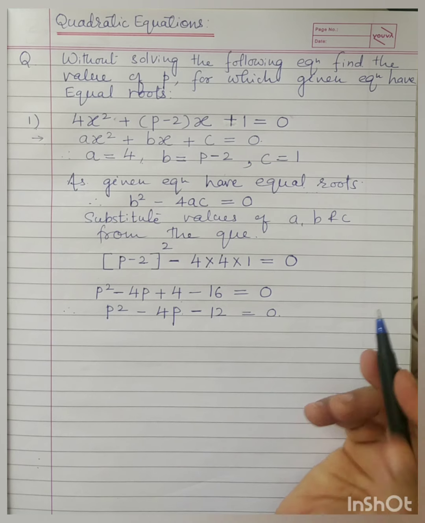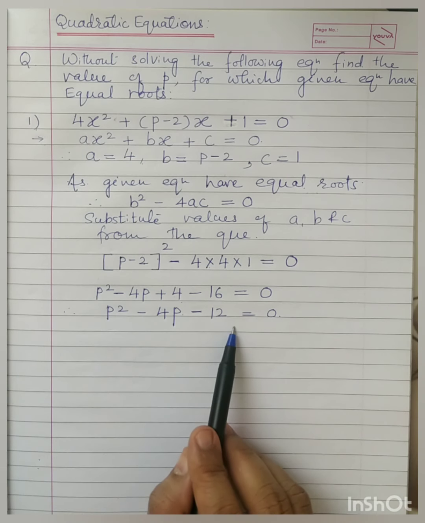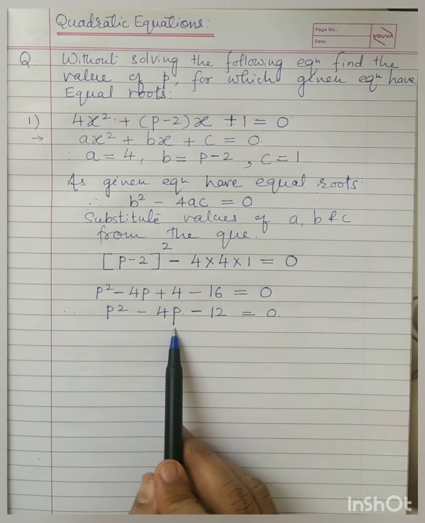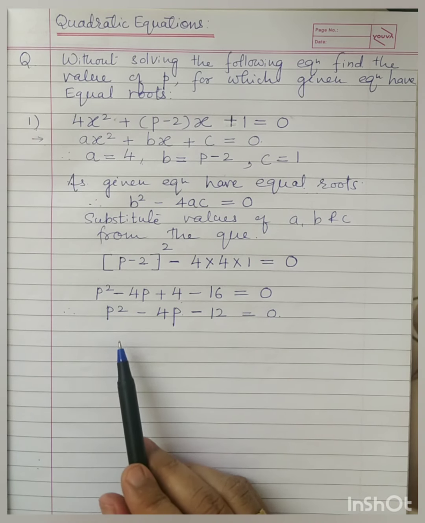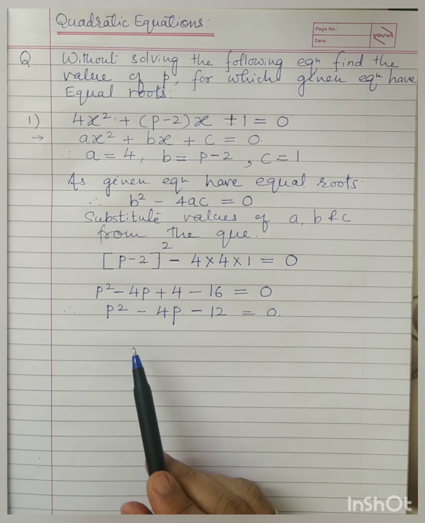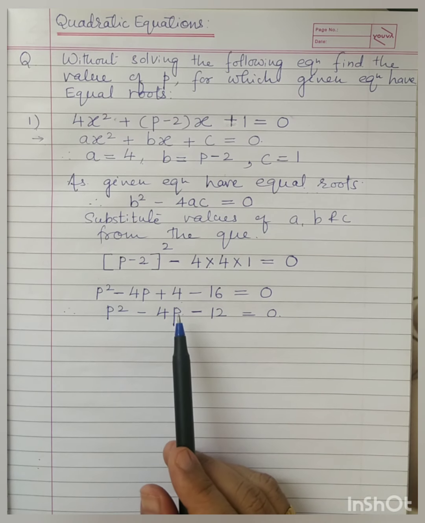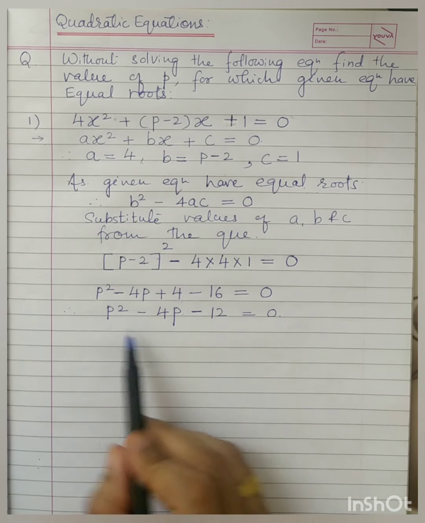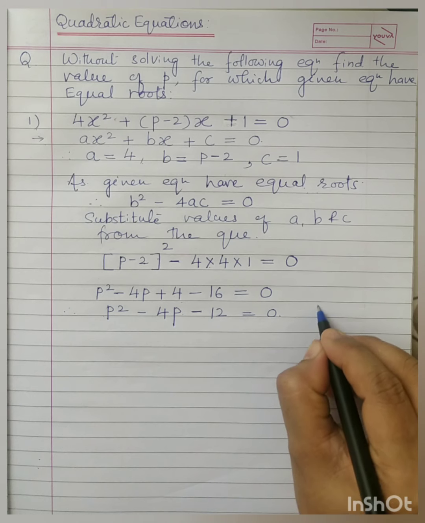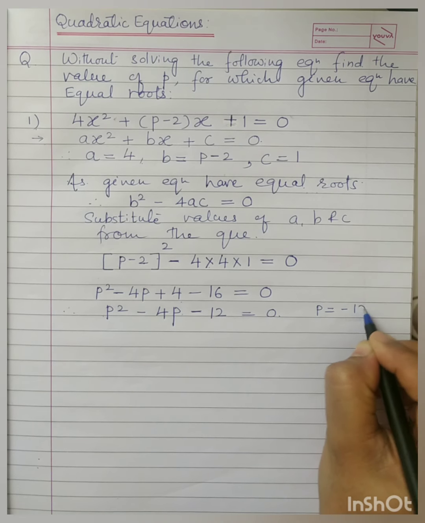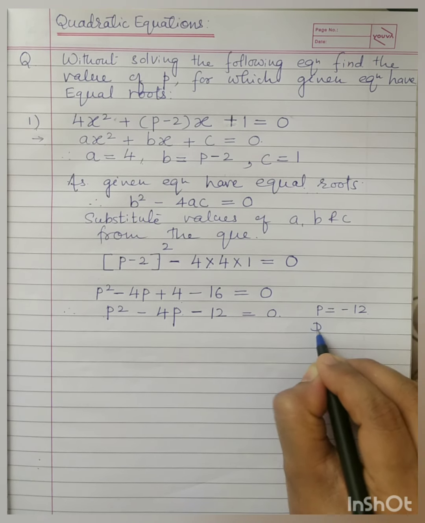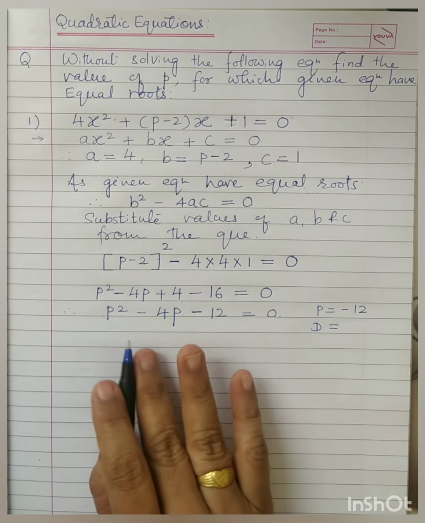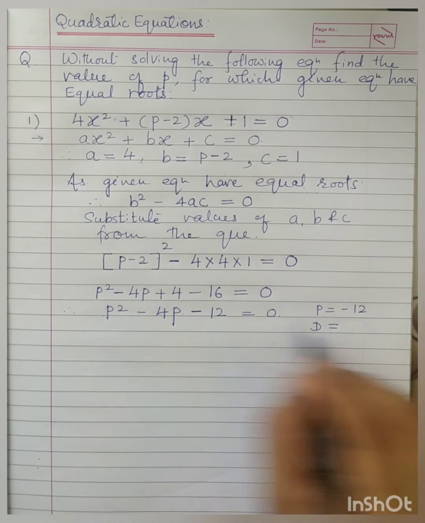So what do you observe, children, here? p square minus 4p minus 12 is equal to 0 is another quadratic equation. And since we have to find the value of p, we need to solve this equation. Even though we know the formula, our first trial will always be the factorization method, right? So think again, what will be the product here? Product will be minus 12, right? Product is negative, so what are we finding? Difference. I hope you have learnt this procedure by heart by now. So the difference here is what?